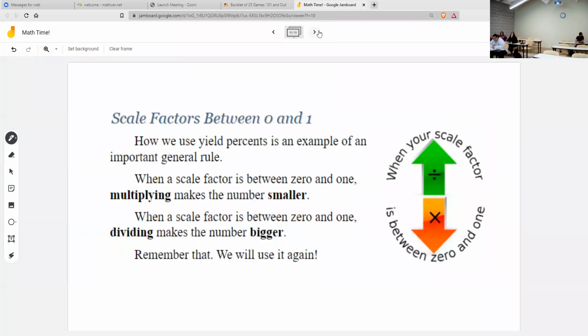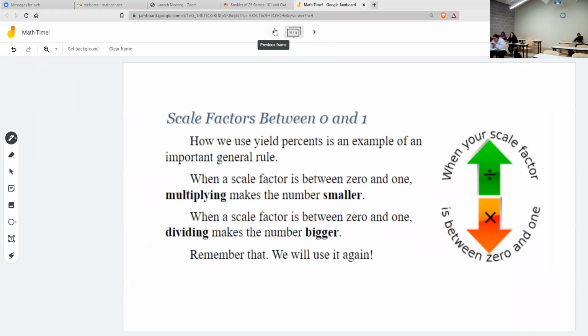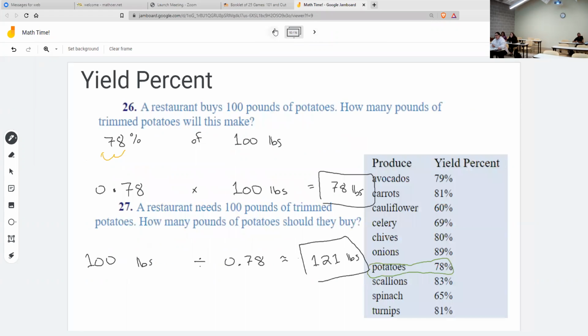Oh, actually, a comment. What you just noticed was an example of this colorful picture. If we're multiplying and dividing by something that's between 0 and 1, like a percent is always between 0 and 1, then multiplying makes things smaller, right? 78% of 100 is smaller than the 100.